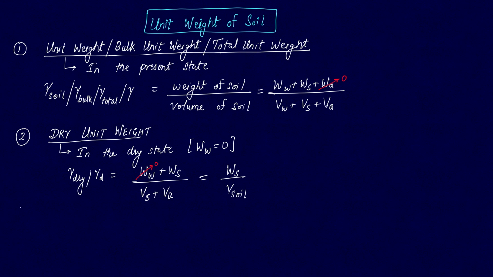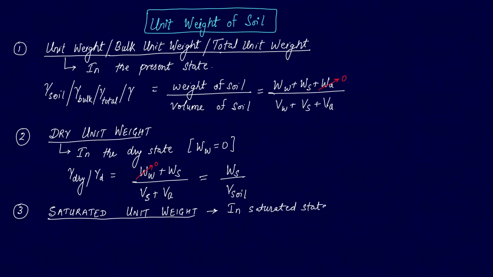If we now move ahead to the third type of unit weight of soil, that is the saturated unit weight. Again, as the name suggests, saturated unit weight means the unit weight of soil when it is completely saturated. If the soil is in complete saturation, that means air should be equal to 0.